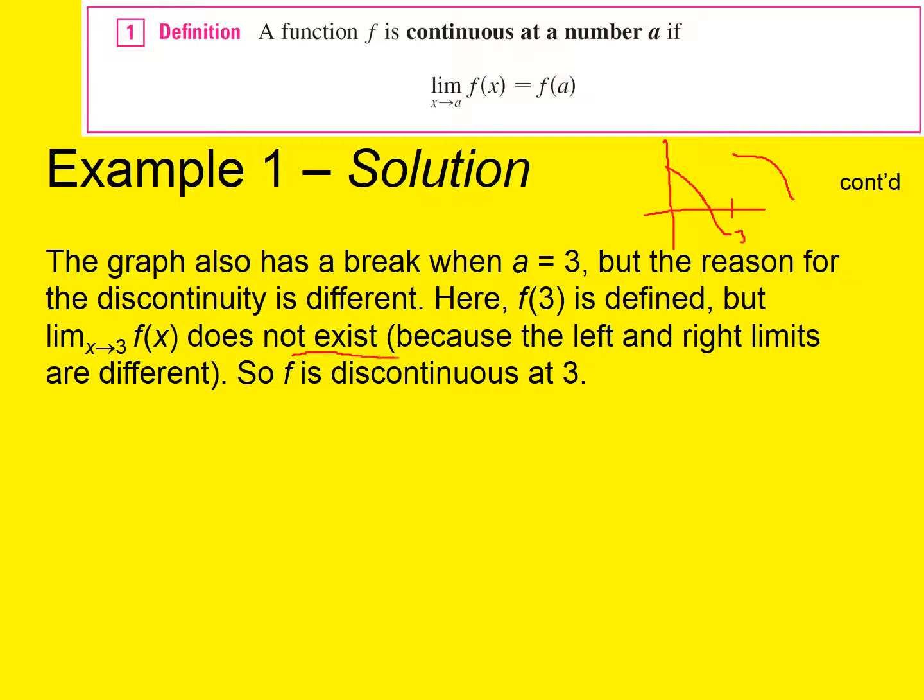It was discontinuous at 1 because the right hand side of the definition didn't make sense. Here the problem is the equals, so at 3 you have the discontinuity because you don't have the equals.